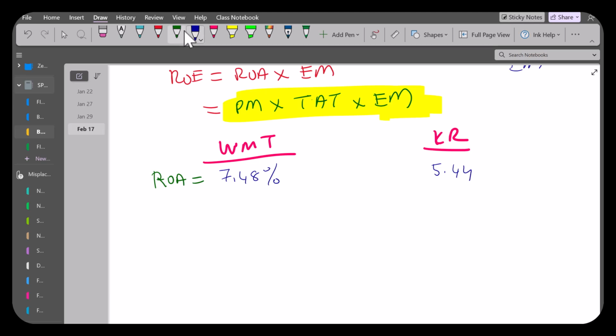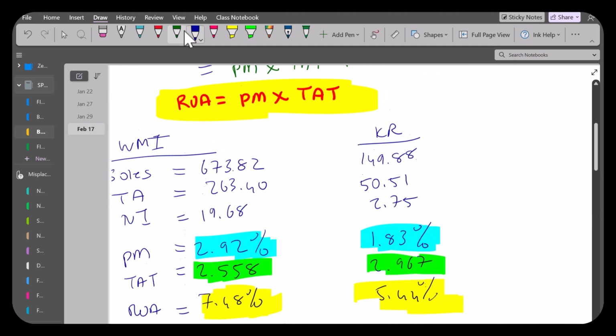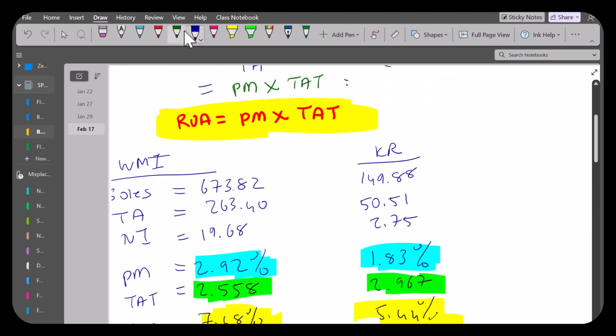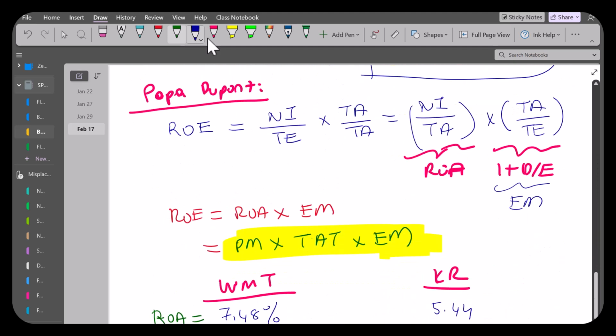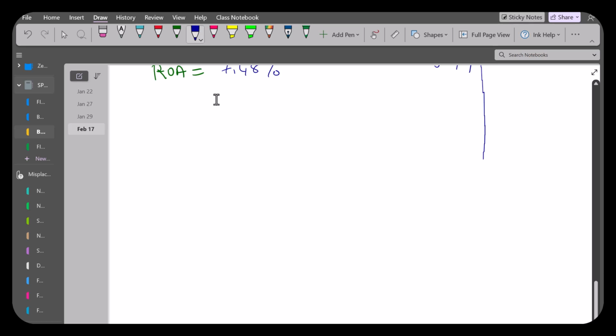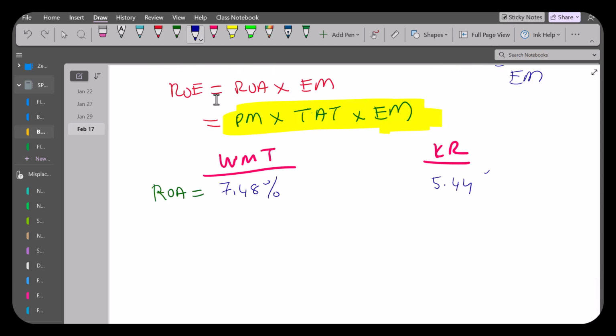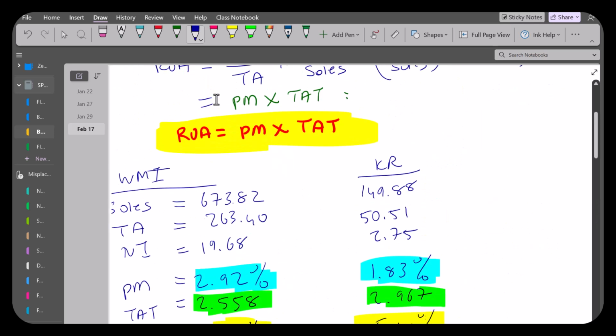Was that 544? Yeah. And let's also remember the total assets, 673.82, 149.88.